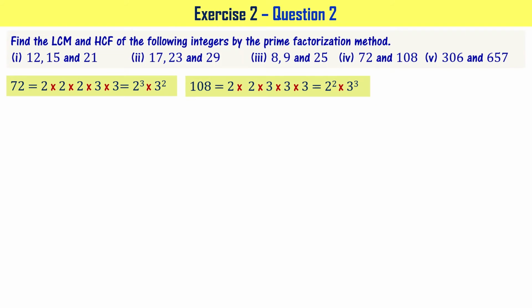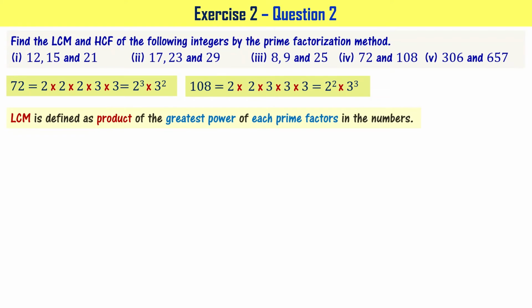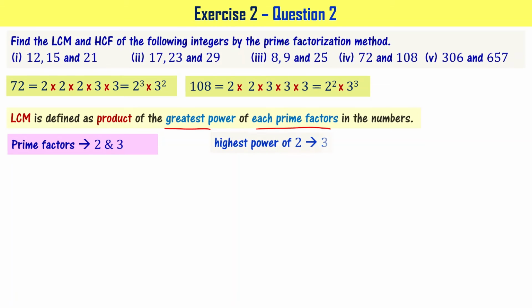And quickly recall the definition of LCM. It is the product of greatest power of each prime factors in the numbers. What are the prime factors involved here? 2 and number 3, right? So we have to see what are their highest powers and then take their product, right? Highest power of number 2 is 3 and highest power of number 3 is also 3. Got it?